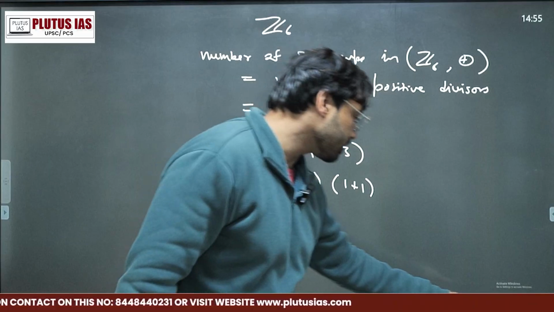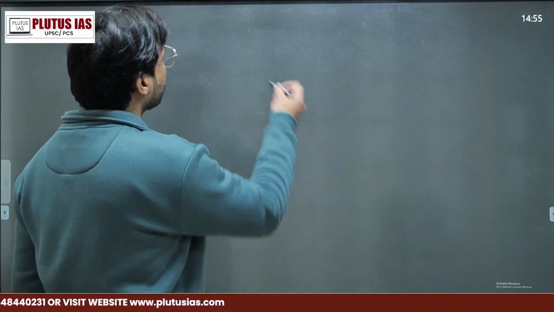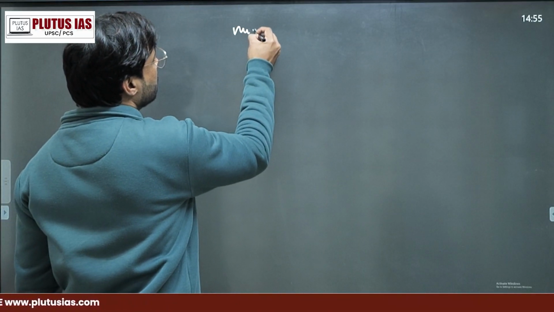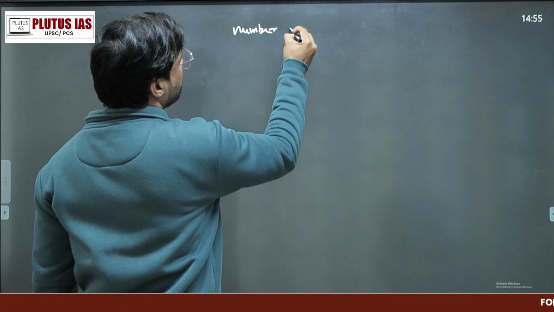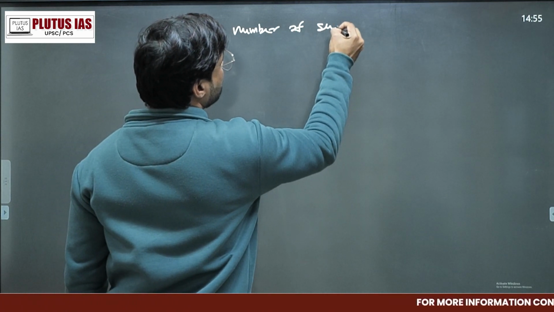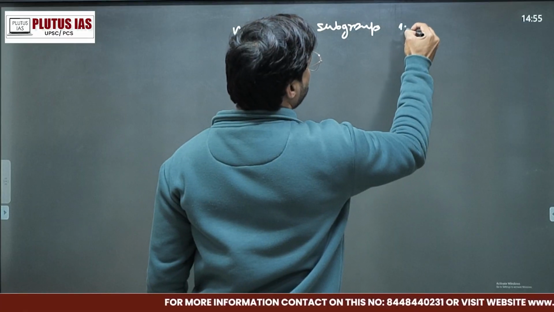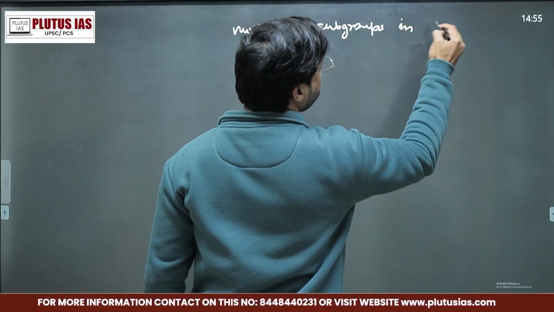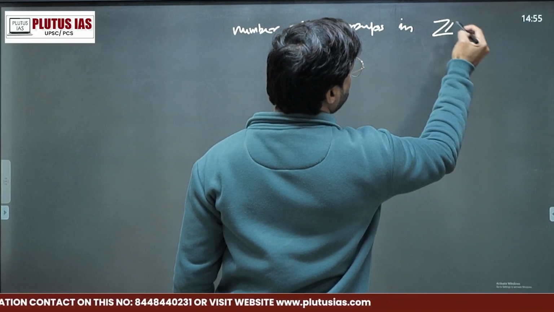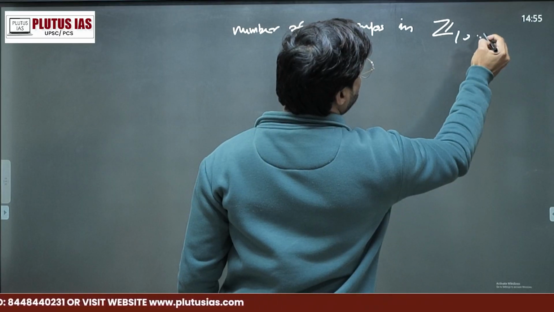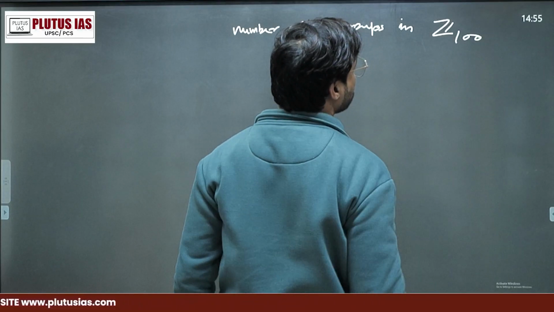Now suppose you want to calculate the number of subgroups in a bigger group, say Z200. To calculate it, we simply calculate tau(200).